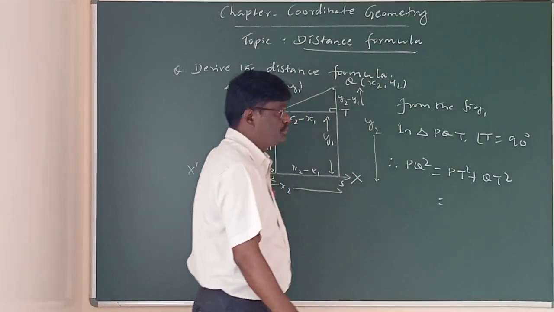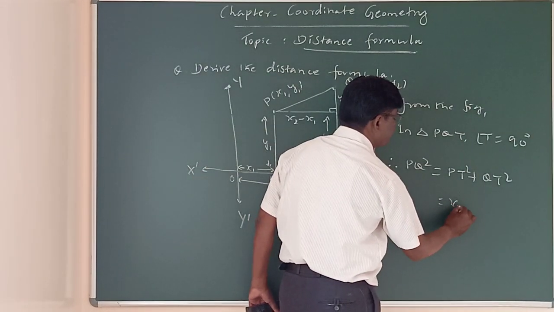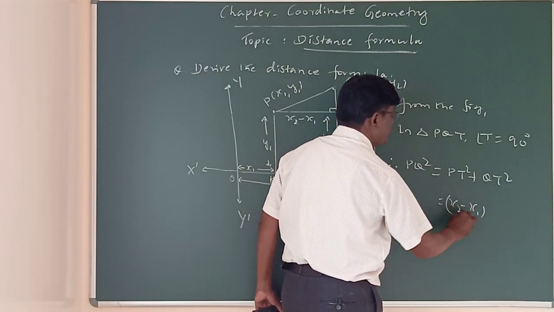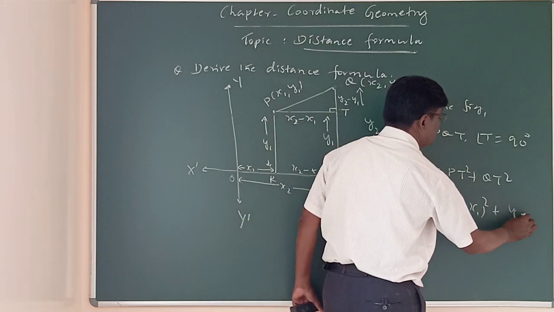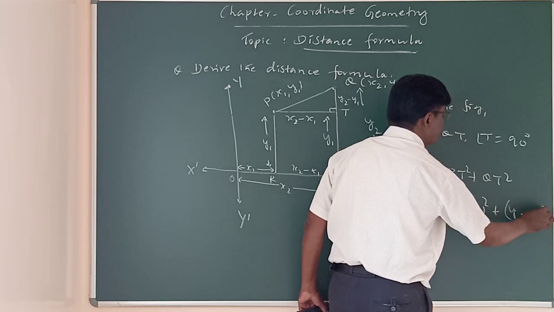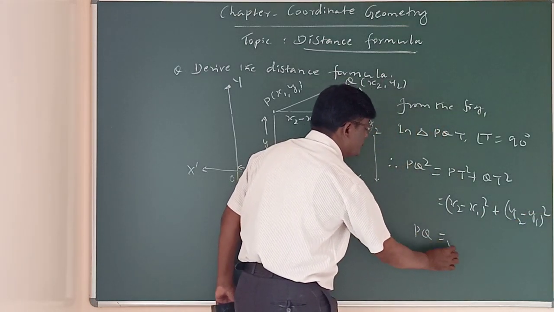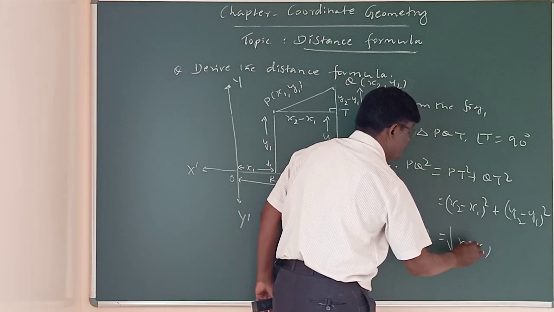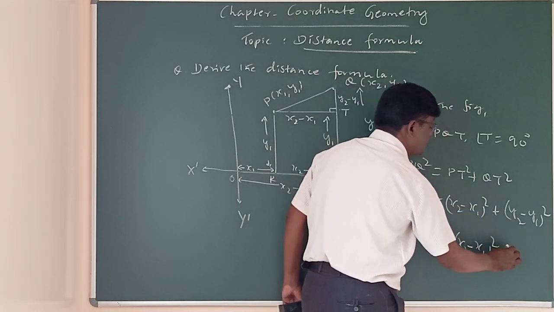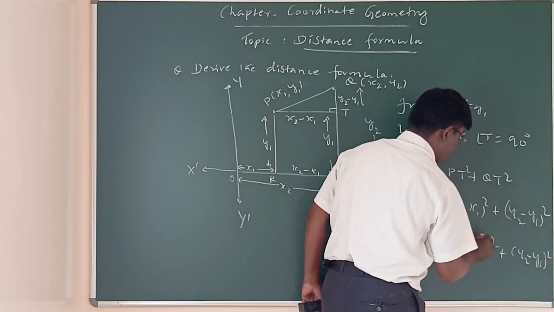Let us substitute. PT is x2 minus x1 whole square. QT is y2 minus y1 whole square. Therefore, the distance PQ is the root of (x2 minus x1) whole square plus (y2 minus y1) whole square.